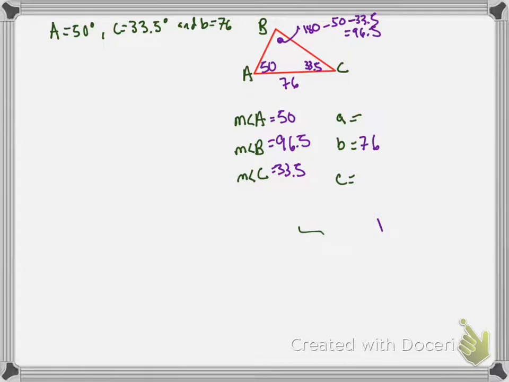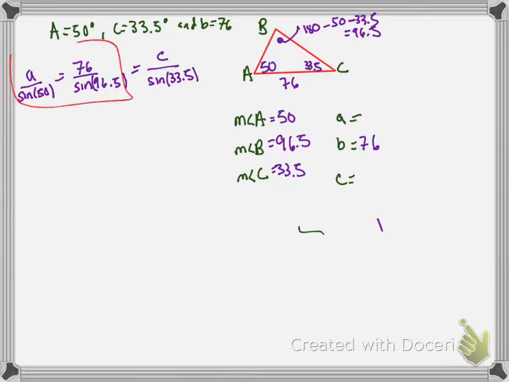Okay, now we have a fraction that gives me enough information. So once again, I can create those. A over sine of 50, and then B is 76 over sine of 96.5, which equals C over sine of 33.5.